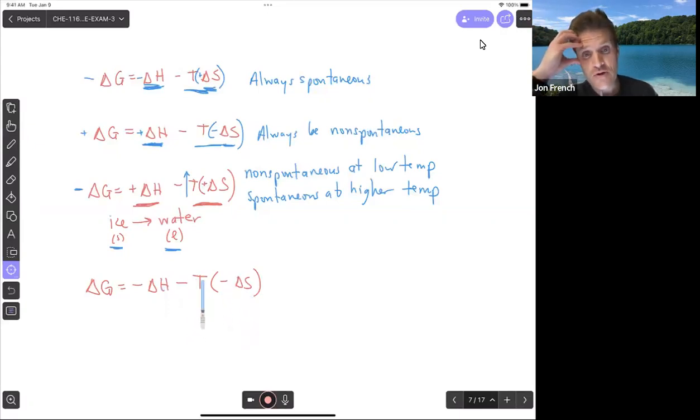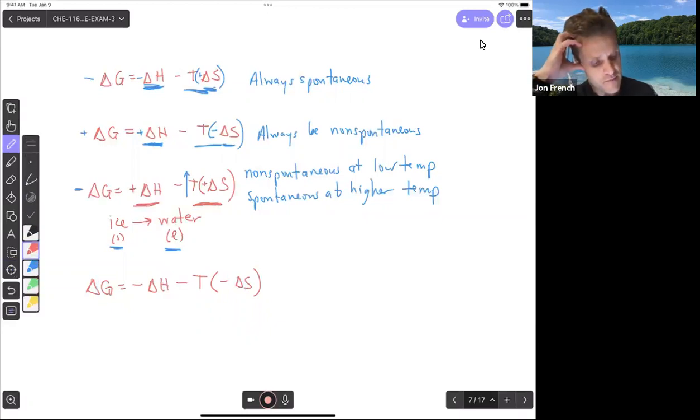So when temperature is low, negative delta H will win, and I'll have a negative delta G, and this will be spontaneous at low temperatures. However, as temperature increases and I subtract this negative number across, eventually I'm going to be subtracting a negative number that is larger than my delta H. It cancels out my delta H, and I'll have a positive delta G.